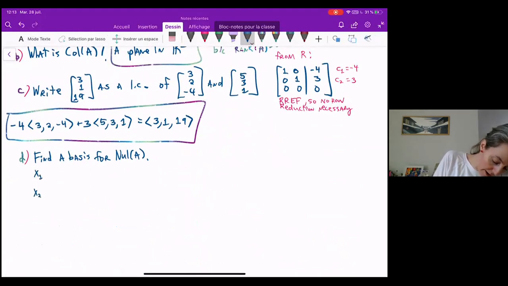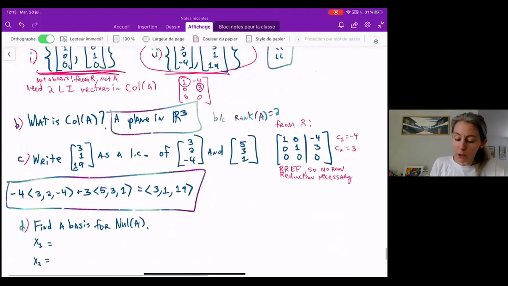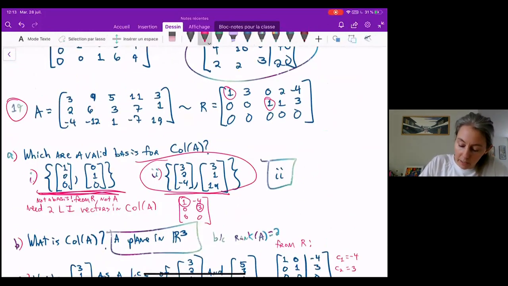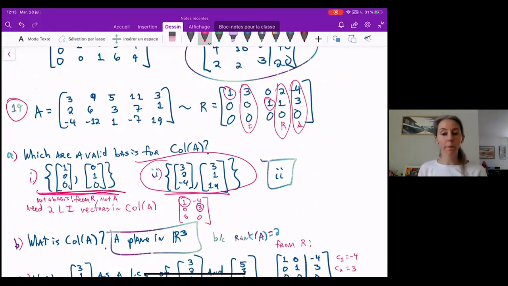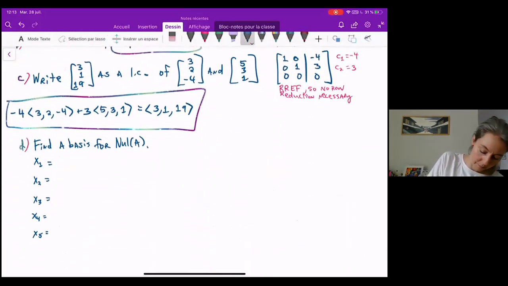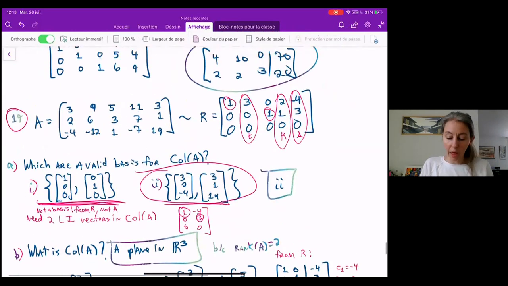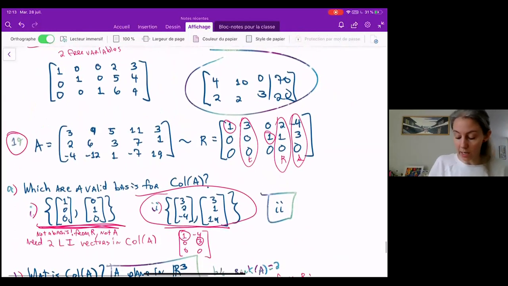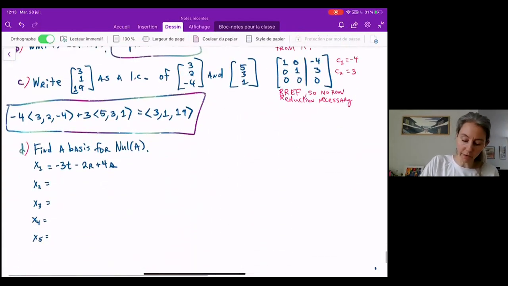I'm going to write down all 5 of my variables so that I don't accidentally forget to define some of them. So x1, now I'm going to have t, r, and s: -3t - 2r + 4s. Then x2 is just t, because it's a free variable.